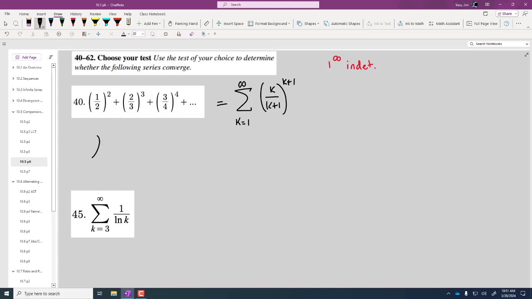So we're going to take the limit of a sub k, so this is the divergence test. If the limit of a sub k is not 0, then we know it diverges. All right, so we're going to take the limit of all this.